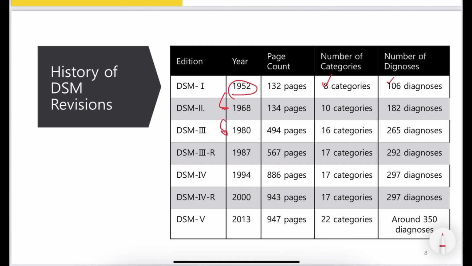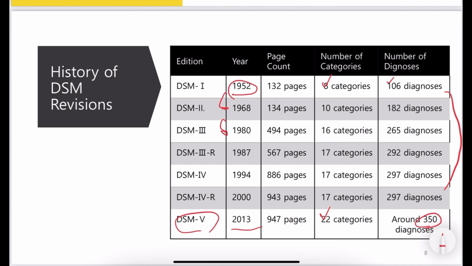The most recent edition is DSM-5, published in 2013. This version has 22 categories and about 350 diagnoses, roughly 3 times more than the first edition.